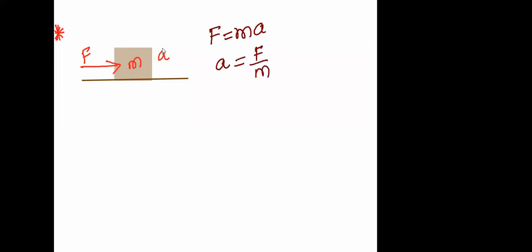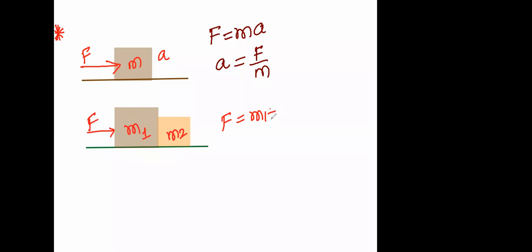Instead of this, whenever we take two blocks, M1 is the mass of the first block, M2 is the mass of the second block. The applied force on it is F. F is equal to (M1 plus M2) into a.